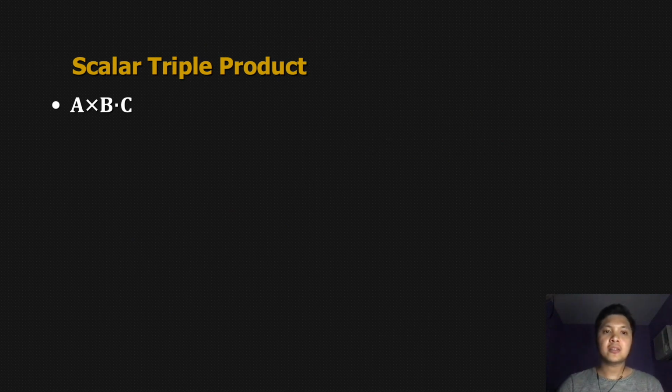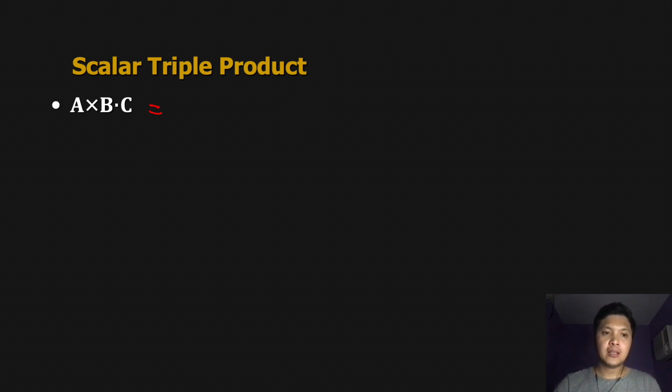Next is the scalar triple product. It's a combination of a cross product and a scalar product. First, you have to cross A and B, and then multiply it with C using the scalar product. But a faster way to do that is to use the matrix notation.